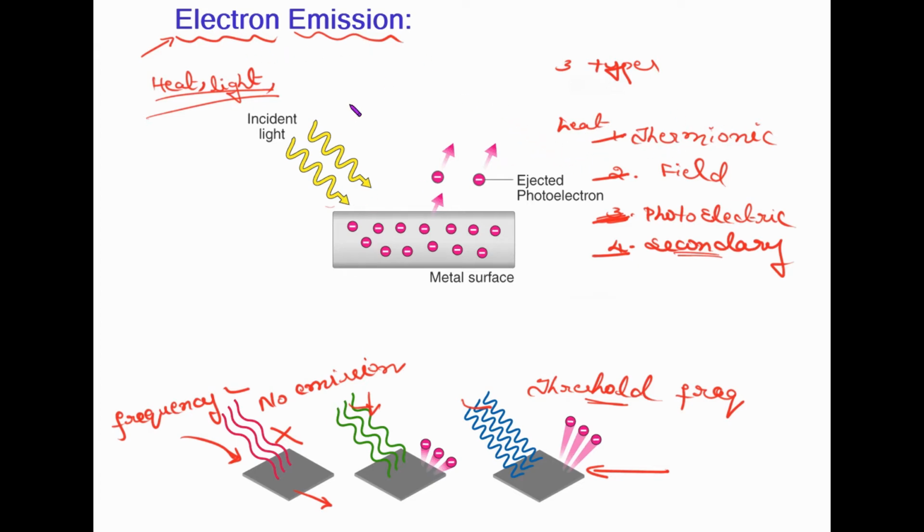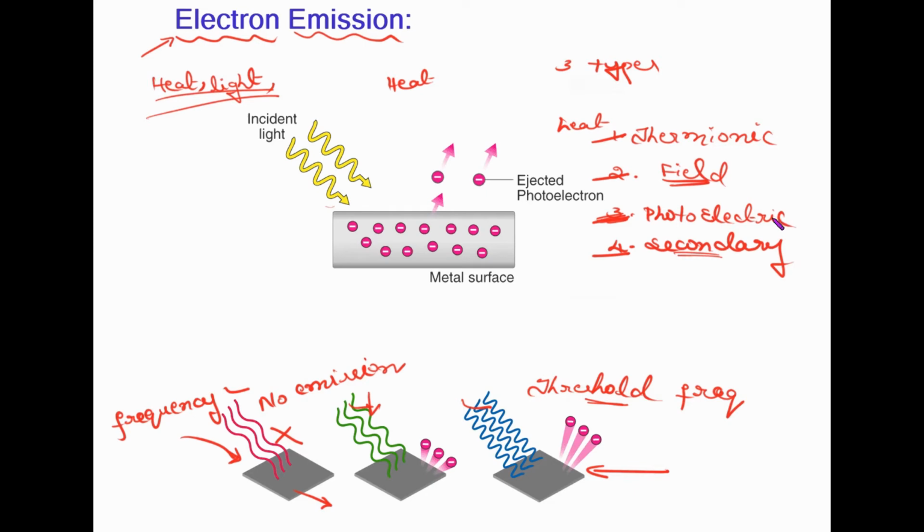Thermionic emission means electron emission by the incidence of heat energy. Field emission means supplying a strong electric field, or the process of emission of electrons by the application of a very strong electric field at the surface of metal is called field emission.